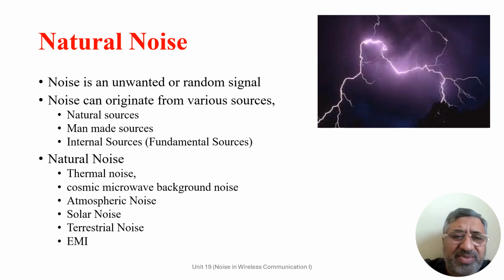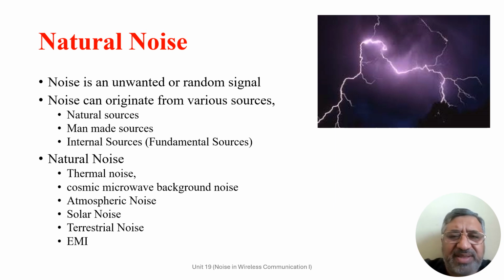And similarly, solar noise. The sun emits large radio waves across a wide range of frequencies. So solar noise can be caused by solar flares, spots, and other solar activities. It can affect wireless communication systems, especially those operating in very high frequency bands.